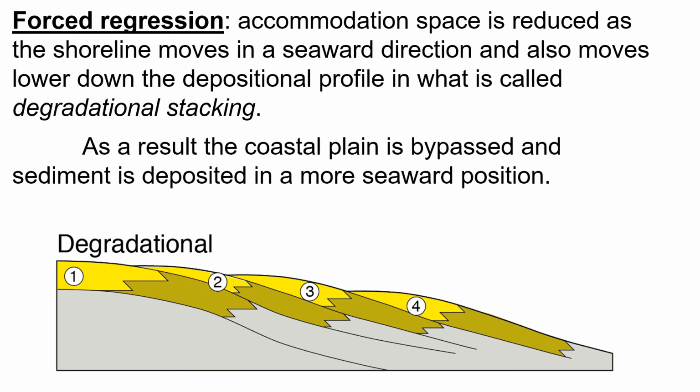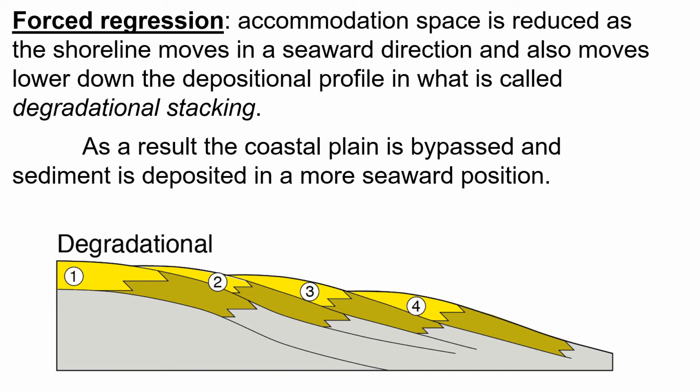And we have what's called a forced regression. In this case, accommodation space is going to be reduced, and the shoreline moves seaward. This is also where we get what's called degradational stacking. So everything goes lower down. It's not just prograding out, where your prograding deltas or prograding stacks stay at a pretty uniform level.